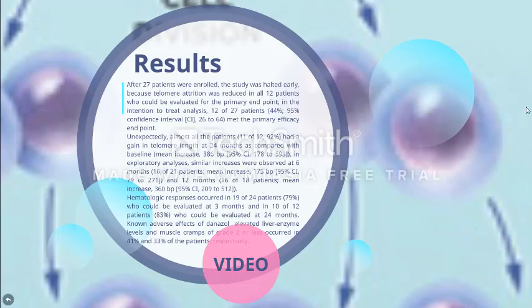In aggregate, almost all the patients, 11 of 12, 92%, had a gain in telomere length at 24 months as compared with baseline. In exploratory analysis, similar increases were observed at 6 months.